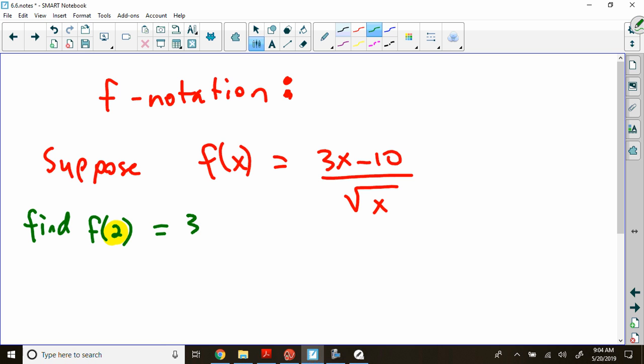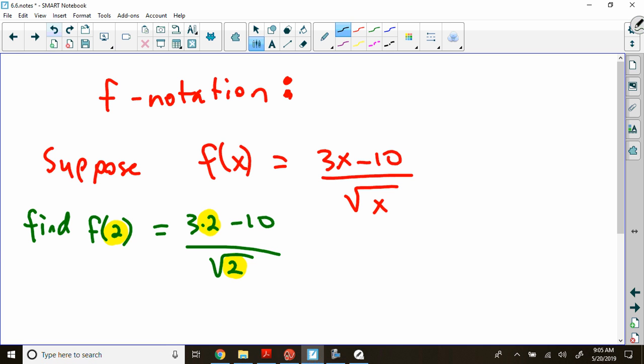So that's 3 times 2 minus 10 over the square root of 2. Oops, that last x should have been a 2. Sorry. So f of 2 is 3 times 2 minus 10 all over rad 2. Does that make sense? F notation?